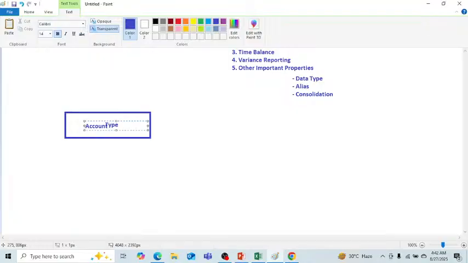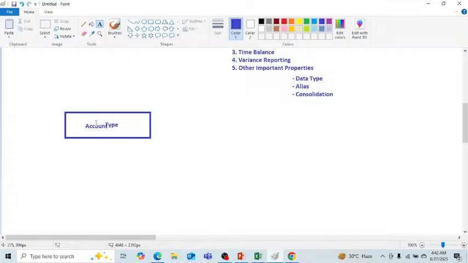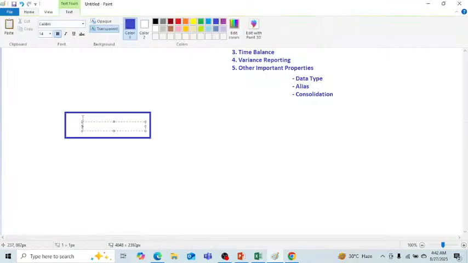Here we will talk about the account tab. Account type is a crucial property.